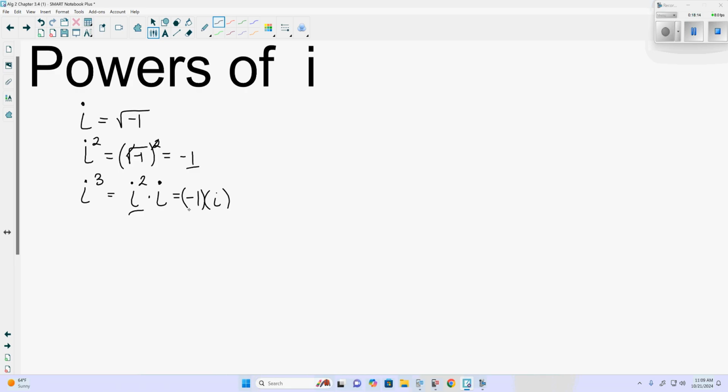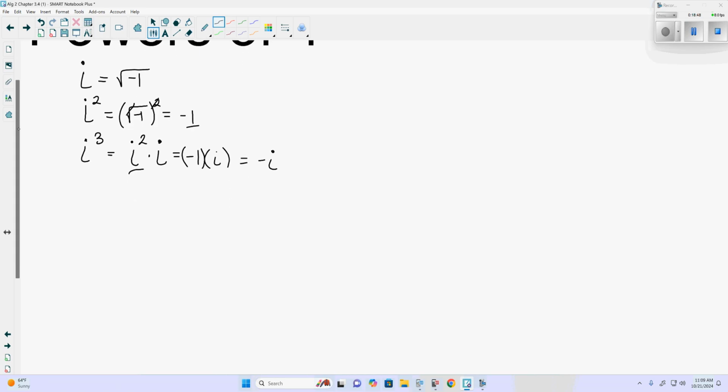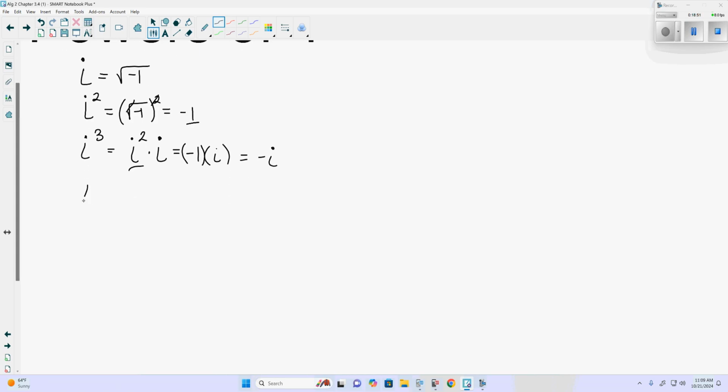And negative 1 times i is, well, so i to the third power ends up simplifying to negative i. Almost, except instead of negative 1, it is negative i. You're good? But I would be looking for patterns here.